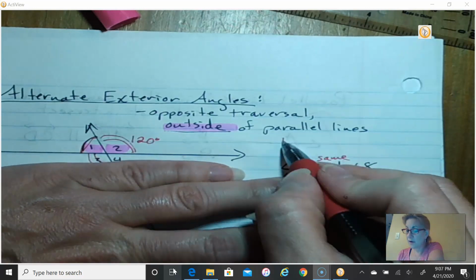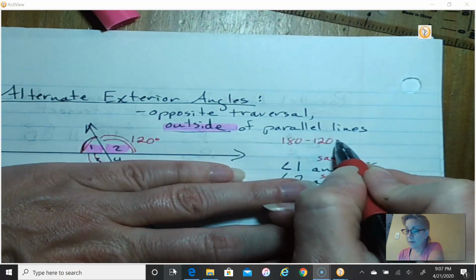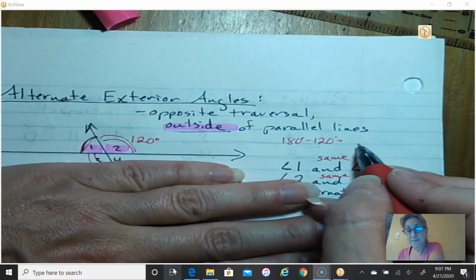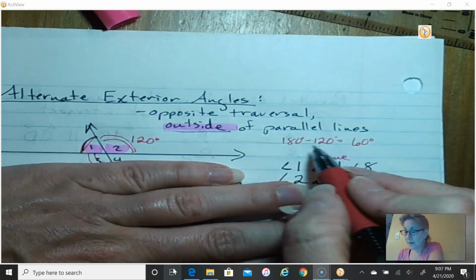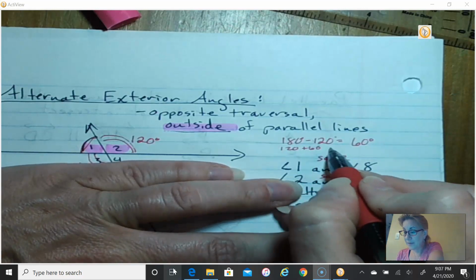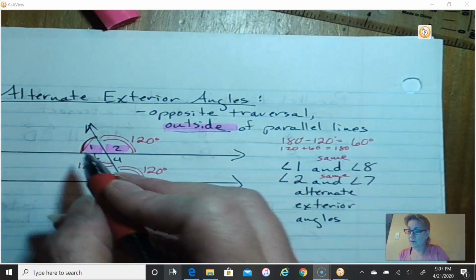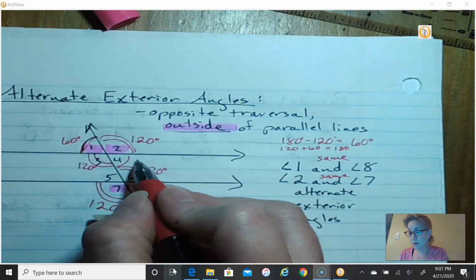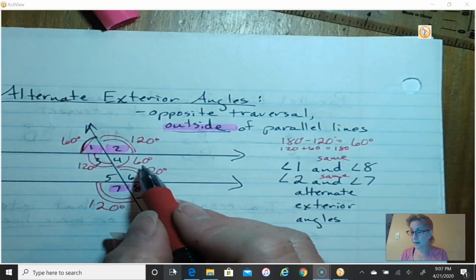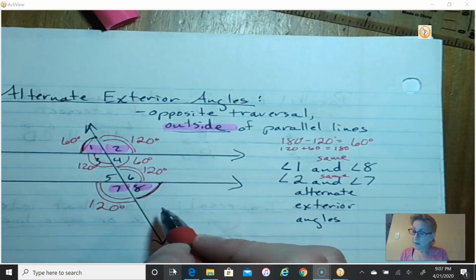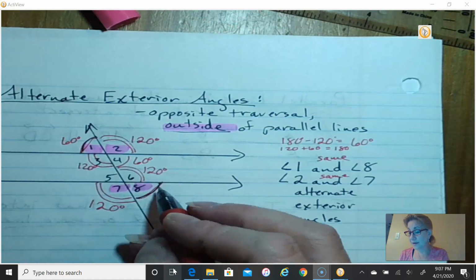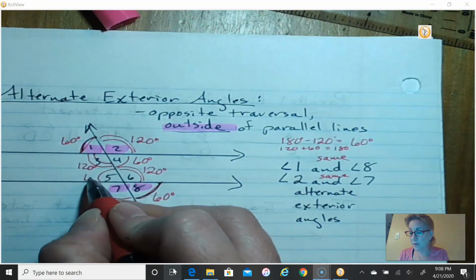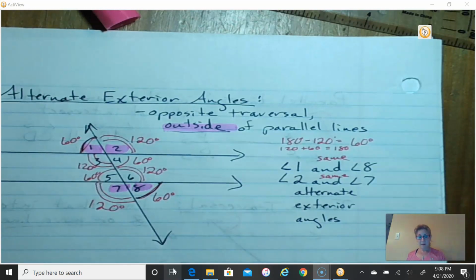So you would do 180 minus 120. What would that be? 60 degrees, because 120 plus 60 is 180. So then 1 would be 60 degrees. Therefore, 4 is equal to 1, 60. And 1 and 8 are alternate exterior, so that would be 60. And 5 and 8 are directly across, so that would also be 60.